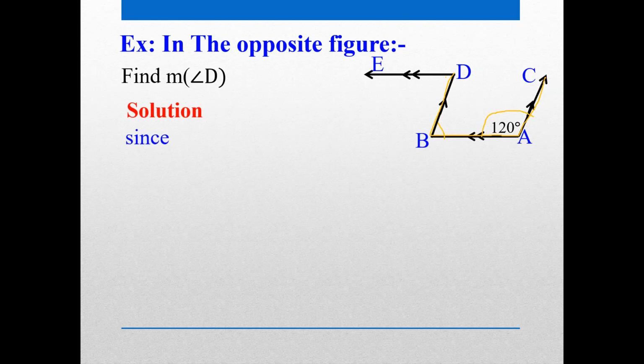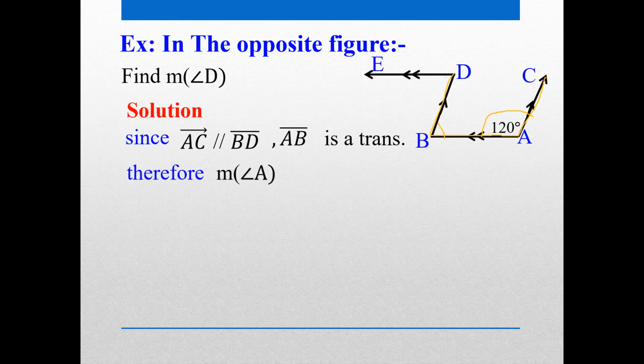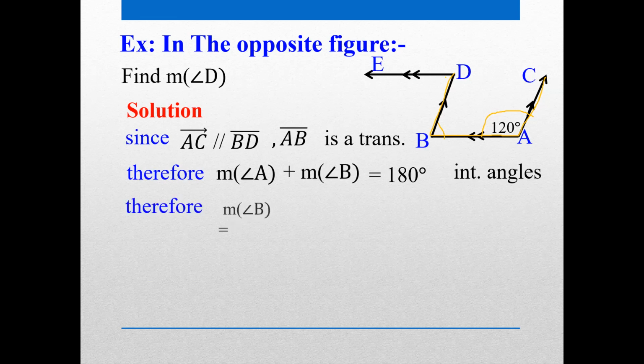Since BD is parallel to AC and AB is a transversal, therefore the measure of angle A plus the measure of angle B equals 180 degrees, the two angles are interior angles. Therefore, the measure of angle B equals 180 minus 120 equals 60 degrees.